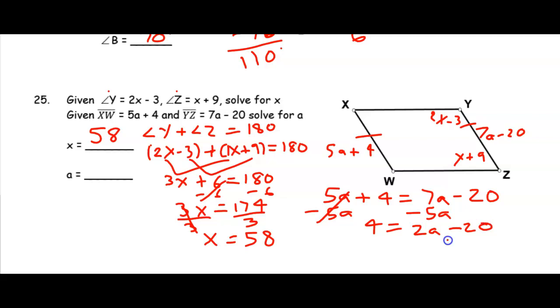Okay, get rid of the minus 20 by adding 20. 24 equals 2a. Last step, divide. Divide by 2, divide by 2. So 12 equals a. Okay.